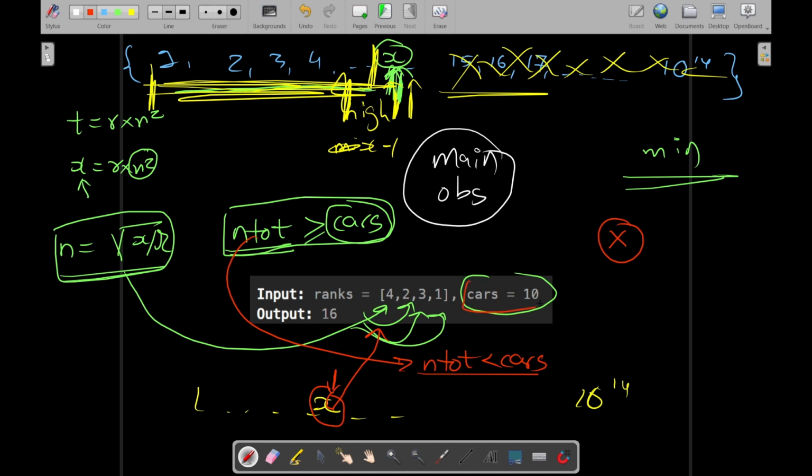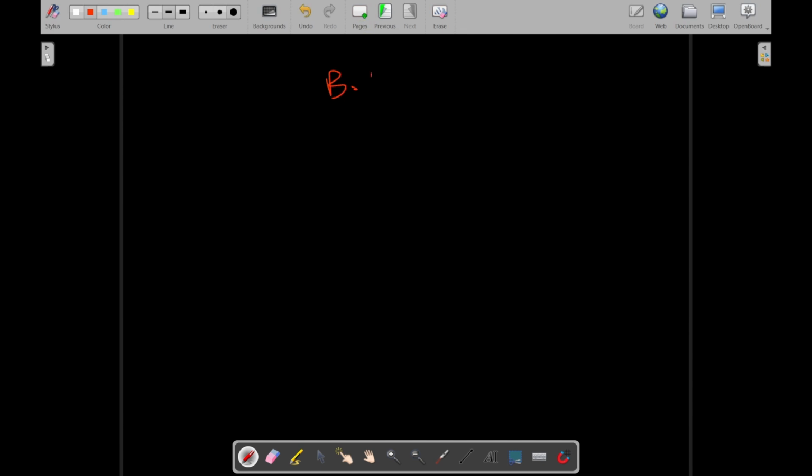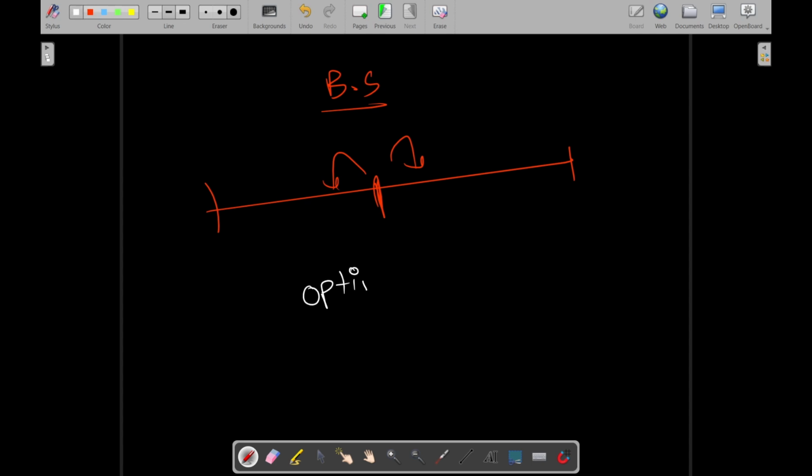So if x was not sufficient, I have to search for values larger than x to find my most optimized potential answer. So using binary search, we are eliminating some search space either on the left-hand side or on the right-hand side, and we are able to find the most optimal answer in optimal time complexity.